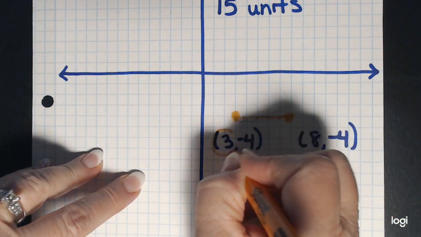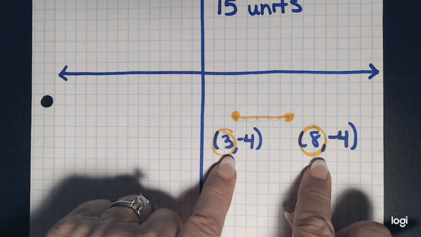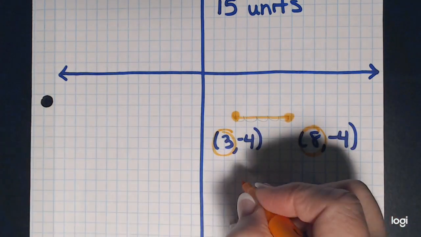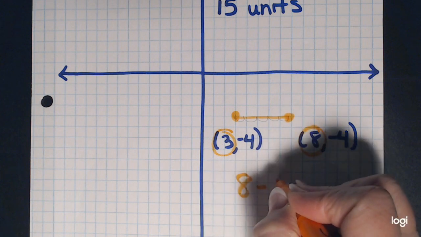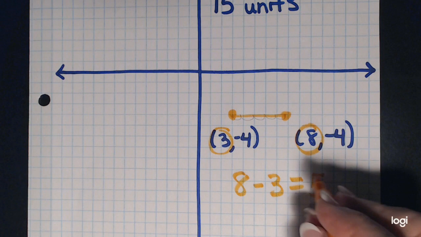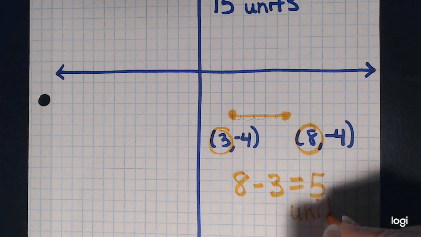So if I look at the x, if I'm going from 8 to 3 and I subtract 8 minus 3, I will get the answer of 5 units.